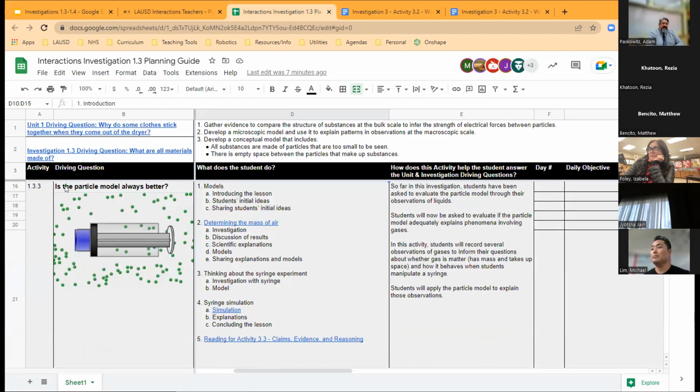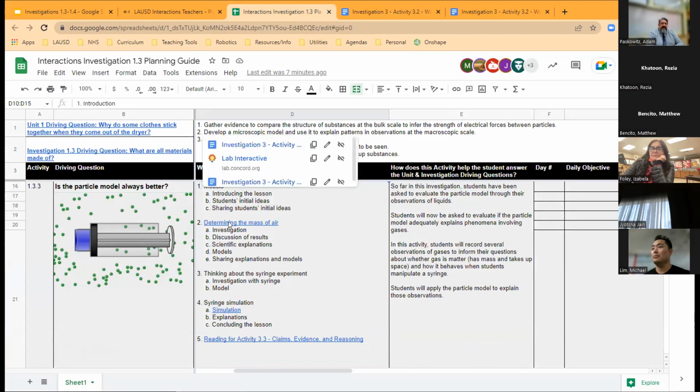Then in activity 3, activity 3 is kind of neat. We actually determine the mass of air. So you need these little balances. I believe in the interactions kit, we change it a little every year, but they have these food scales, right? So they're not really balances, they're these little food scales that can measure very small changes in mass.